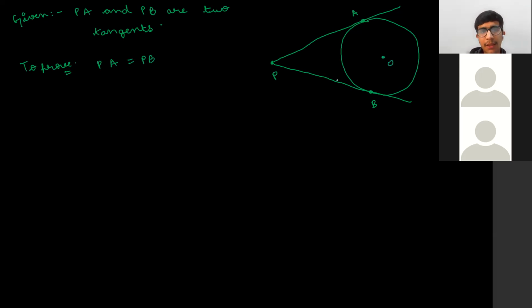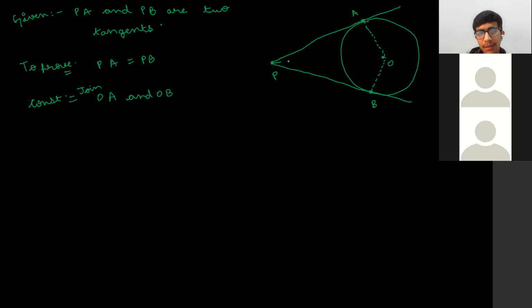So let's say this is the center of the circle. What I'm constructing is OA and OB. Join OA and OB.